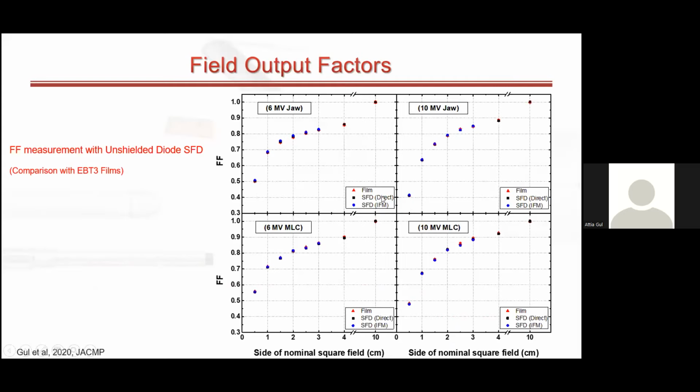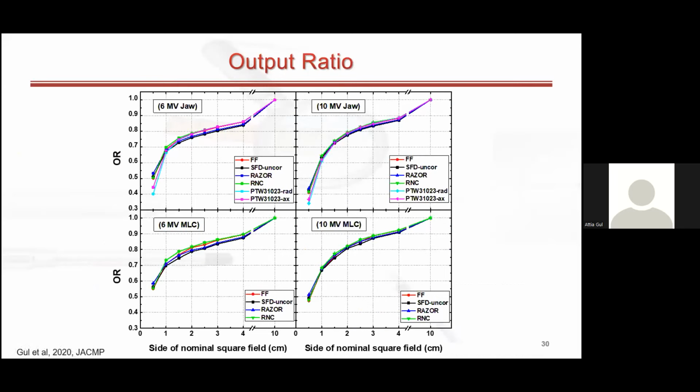We use two methods, the direct method and the intermediate field method, and we can see that their results agree well with each other for all fields, for 6 MV as well as 10 MV. And then this is the output ratio without using any correction factor.